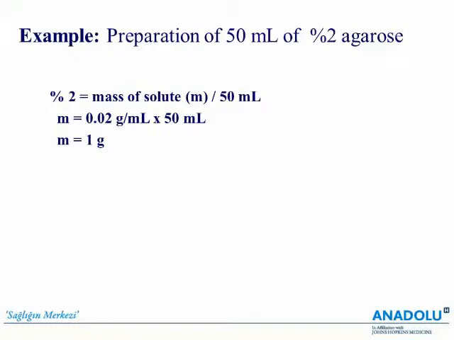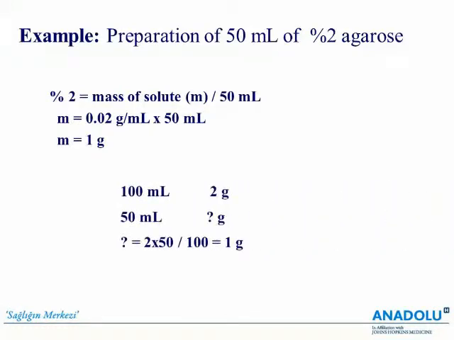So when we put these in our formula, we want to prepare a 2% solution. We don't know how much we should be weighing, but we know that we want to prepare a 50 milliliter solution. So everything put in place, we find that we need 1 gram of agarose to make this solution.